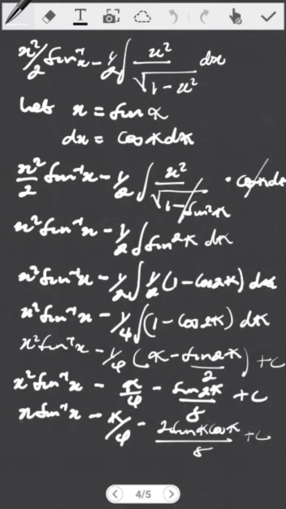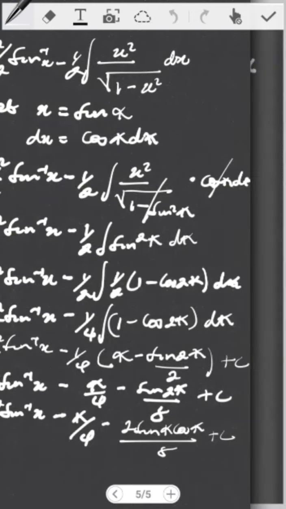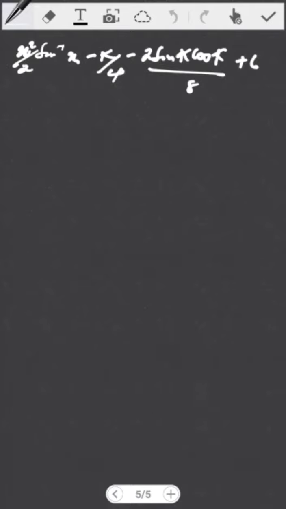This was supposed to be x squared out of 2, and this was also out of 2. I think that was the problem. And then afterwards, this is what we have.